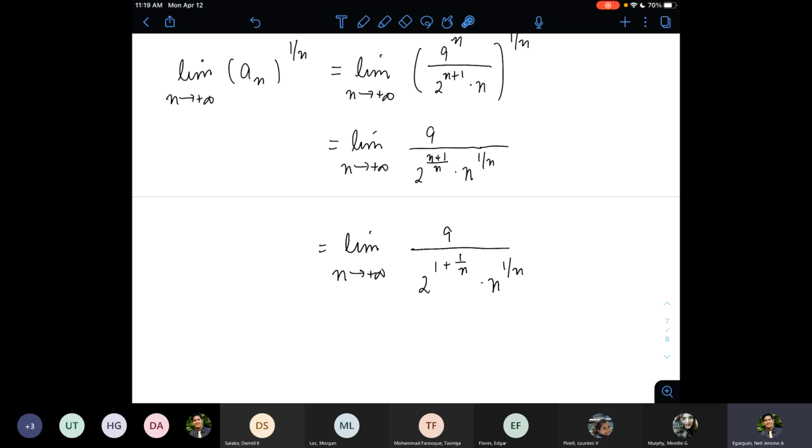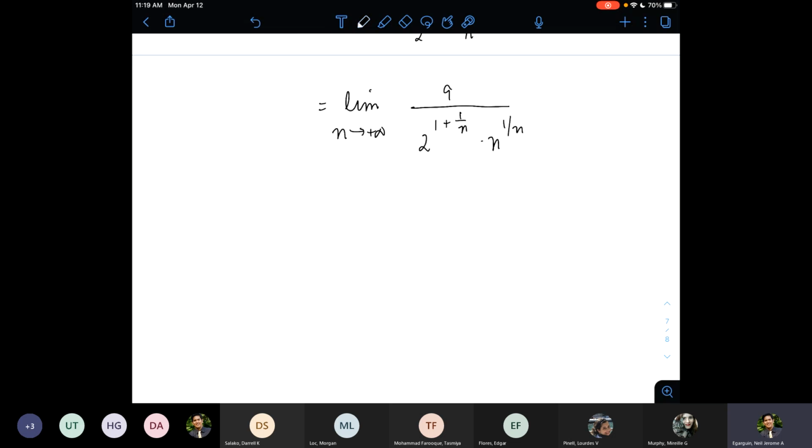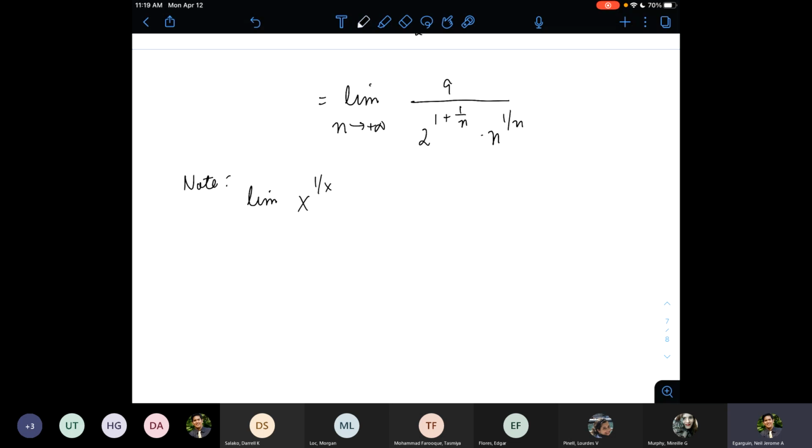As n becomes large, 1 over n will go to 0. So this factor will go to 2. But what is the limit of n to the 1 over n? So maybe I'll need a limit problem here on the side. So note that if you're considering the limit of x to the 1 over x as x approaches infinity, this is an indeterminate form, infinity to the 0.